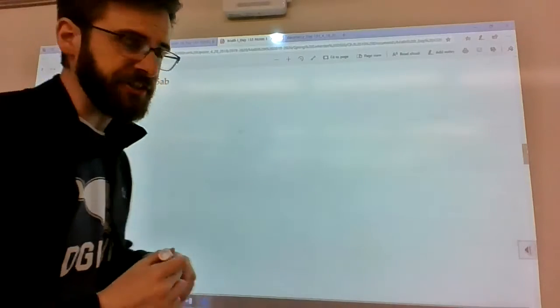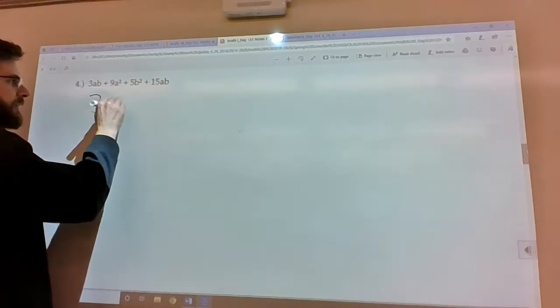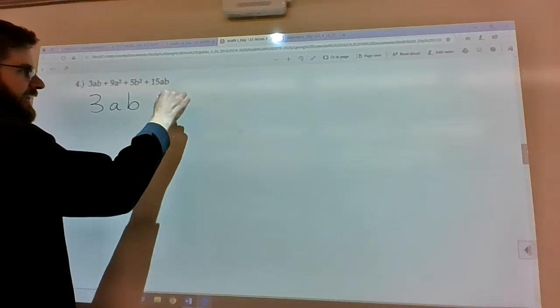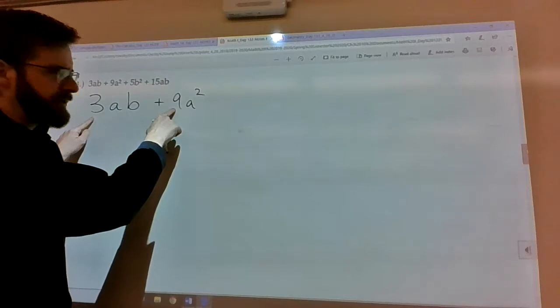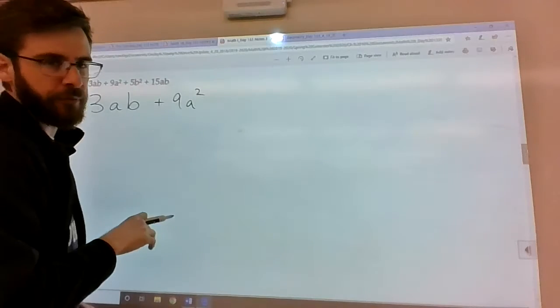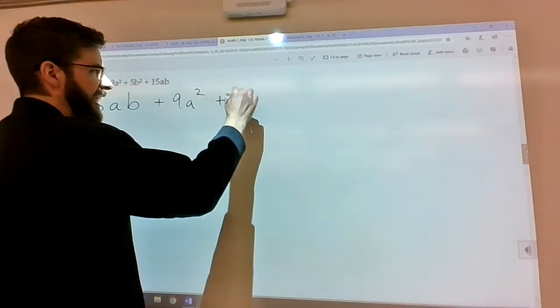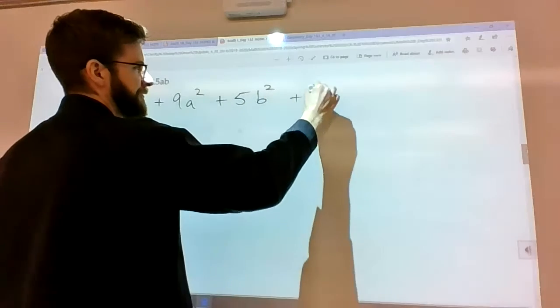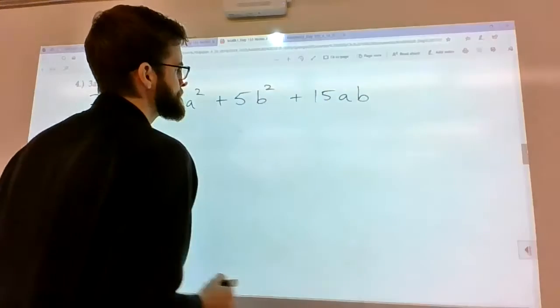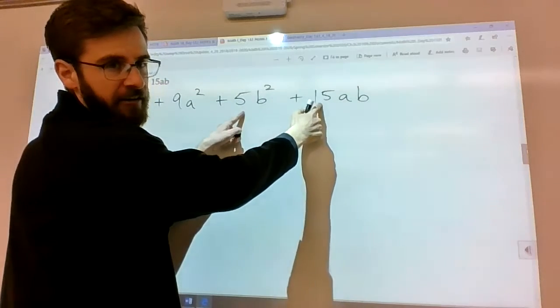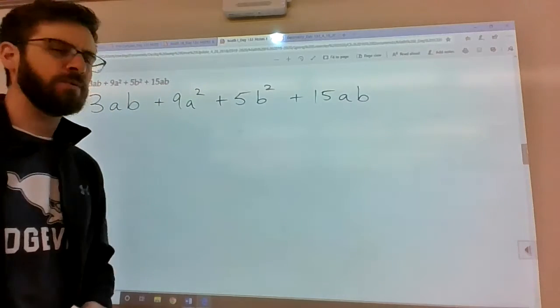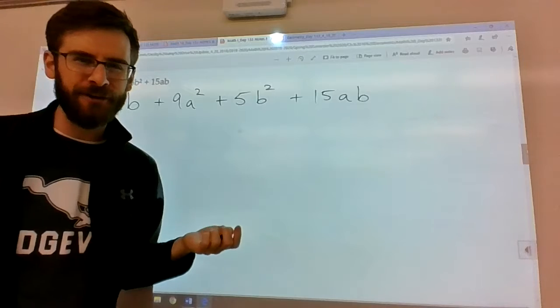All right, on our last example, you have 3ab plus 9a squared. Those look pretty good because they share a 3 and an a, so I don't think I'm going to be doing any rearranging here. Then you have plus 5b squared plus 15ab. This group confirms it. They both have a b. They both seem to divide by 5. Well, haven't I just figured this out?